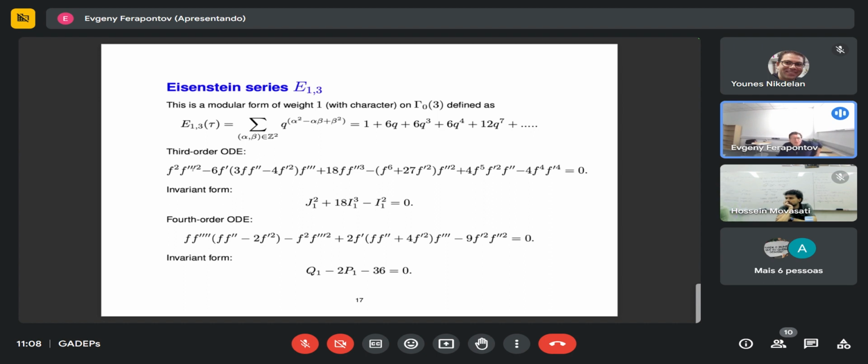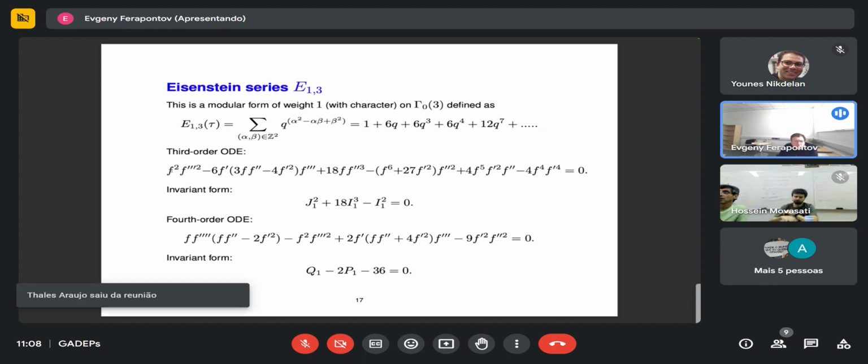Because I got this differential equation, a fourth order differential equation, in the classification of integrable systems of some kind. And then my colleague told me, okay, the general solution of this equation is a modular form, and this is how I became interested. Anyway, E13 of tau is this, it's a theta function actually. This is its q-expansion.